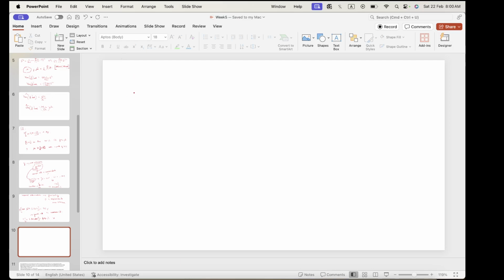Say the question is that I want a 1 minus alpha percent confidence interval for capital Y bar, mu. Then how should this confidence interval look?